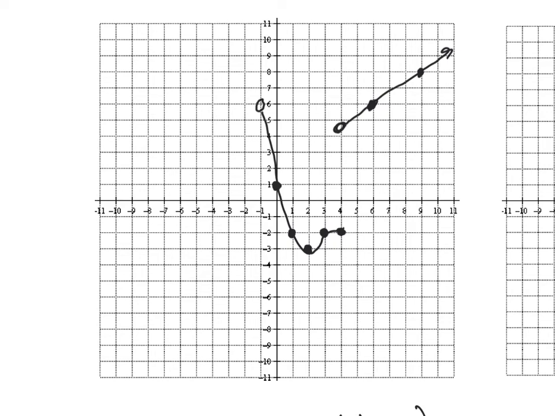Now let's look at the range, specifically the Y values. So here we have our lowest point at -3. So we have a bracket, -3, and the graph goes up to infinity. So we have bracket -3, infinity, close parenthesis.